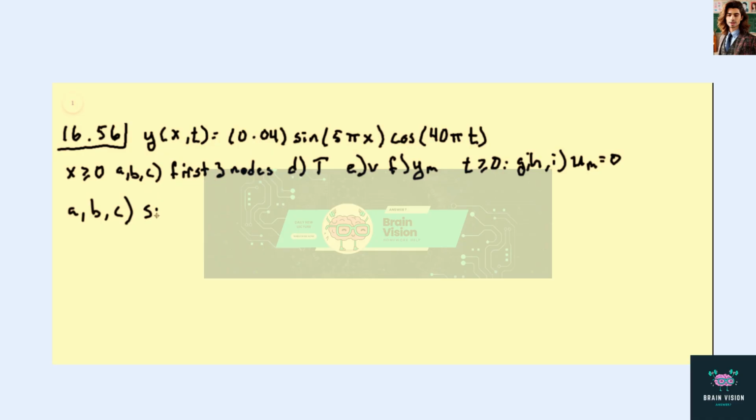So we want to find the location of the first three nodes, the ones with the smallest three x values for x greater than or equal to 0. We want to find the period of the oscillatory motion of any point that isn't a node. Obviously, since the nodes don't move, talking about them having a period of oscillation is a little bit meaningless.